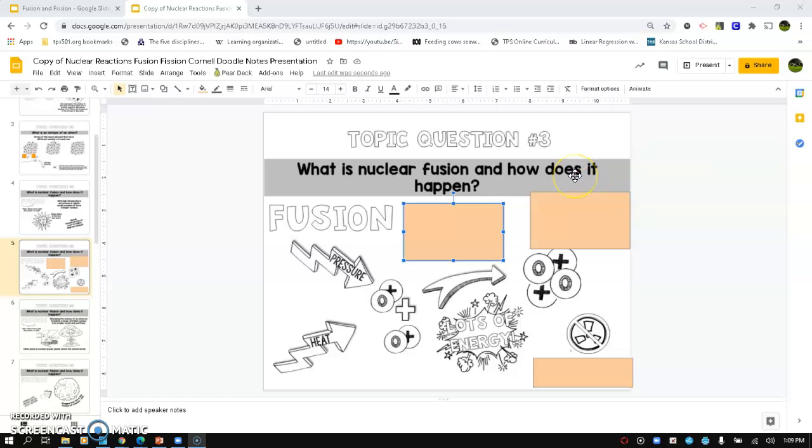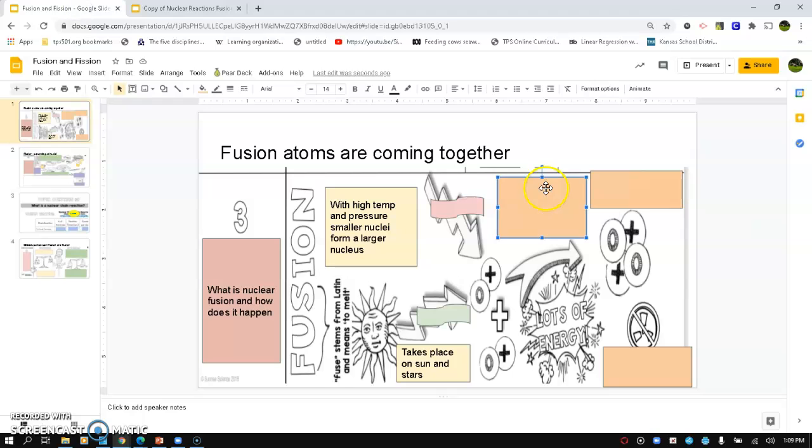Okay, so what I did is I went ahead and changed the coloring just a little bit between yours and mine so that you could see that this was on the next slide. So remember from here, what we have to have is a very high amount of temperature, around 10 million degrees Celsius.